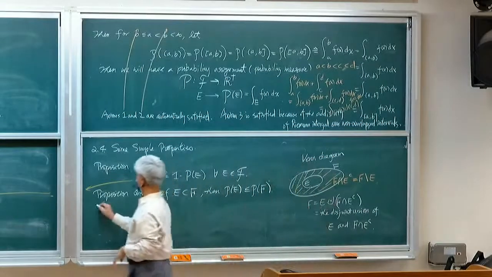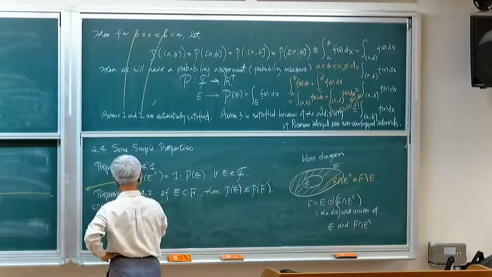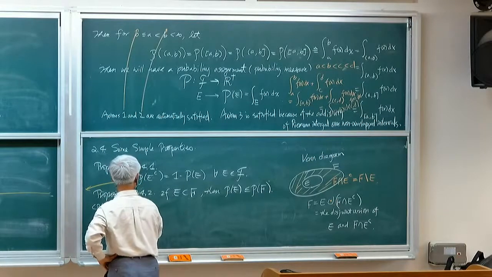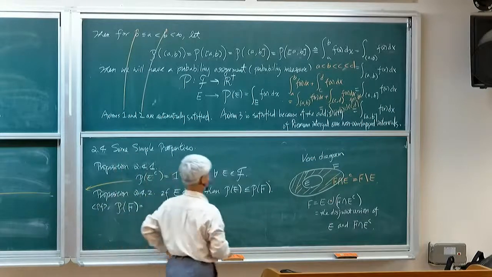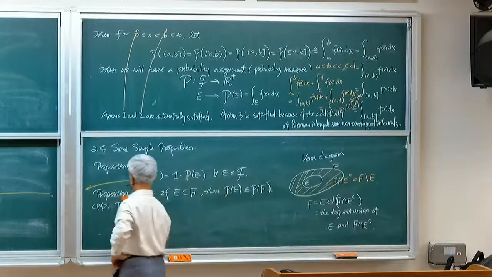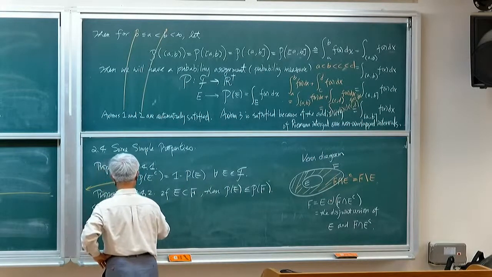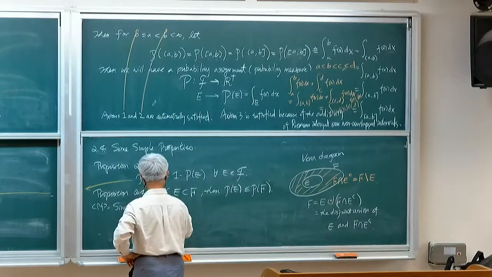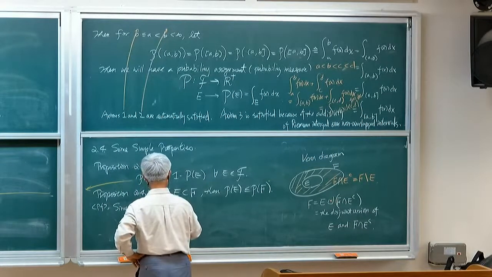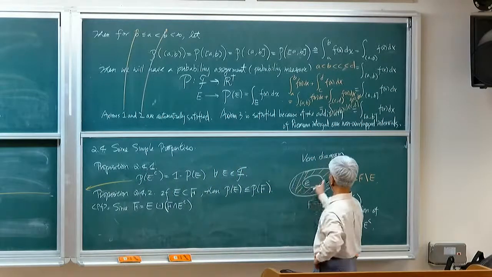All right, so proof. Now we have the probability of F, since F is the disjoint union of E and F intersect E complement, from the Venn diagram.